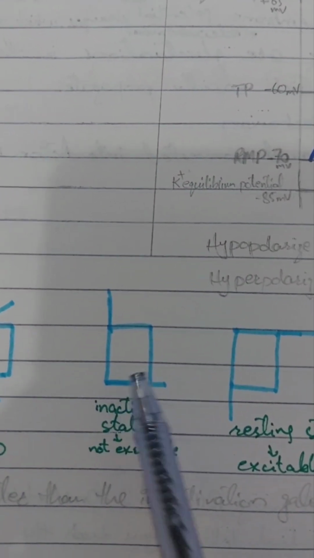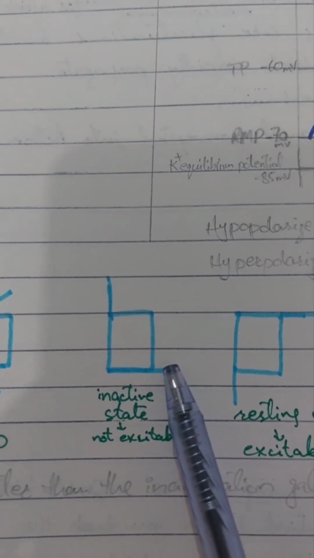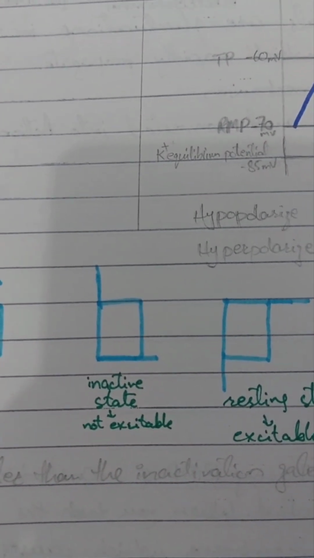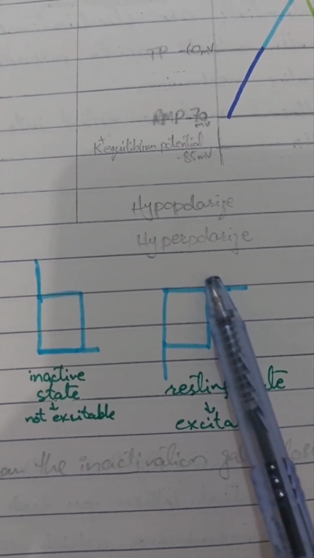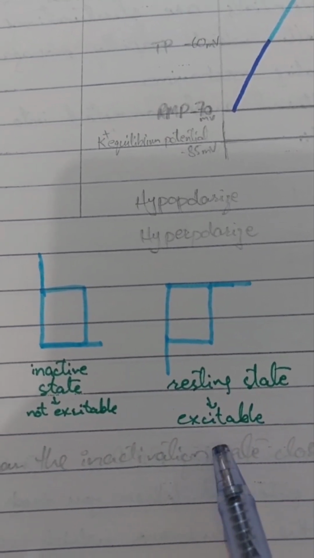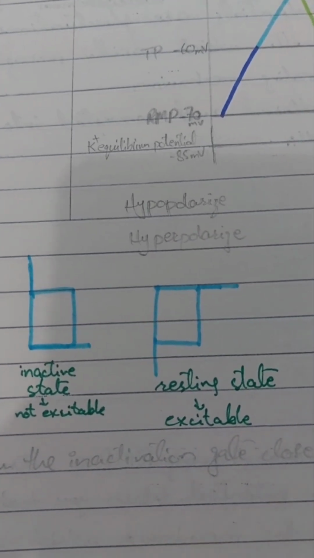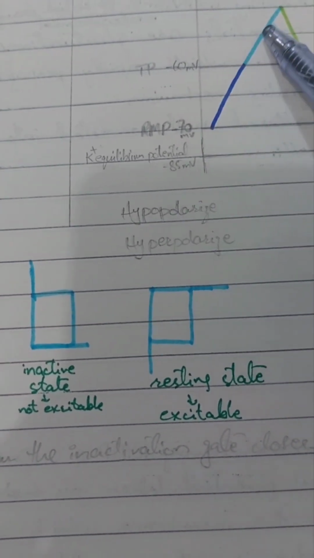So no matter what you do, once the action potential is generated and ends, and the channels are back to their resting state, back to their excitable state, only then can the action potential be generated again. One action potential ends, then another starts.